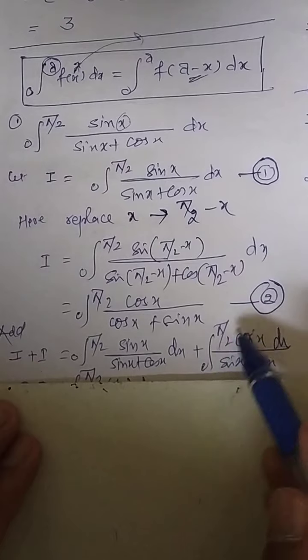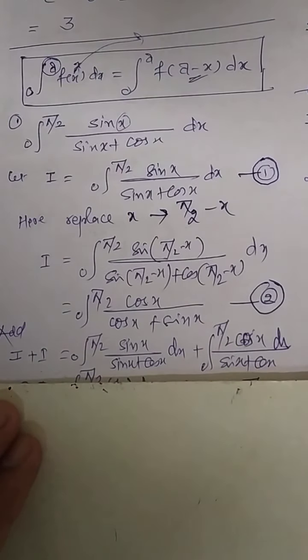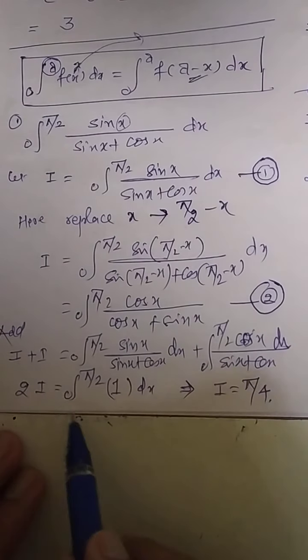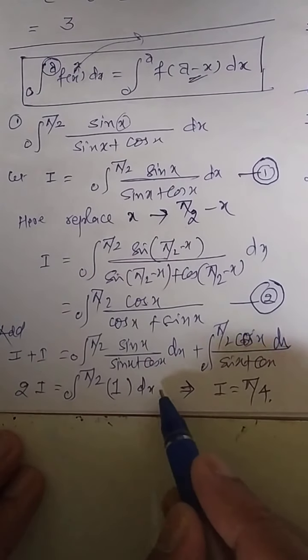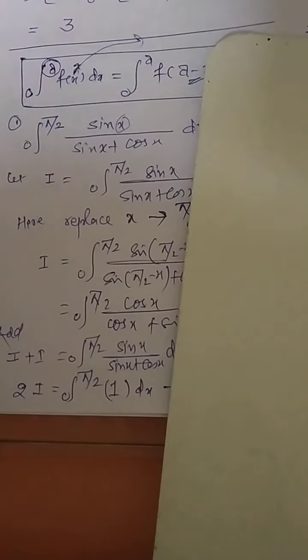The limit 0 to pi by 2 is common, so you can take it out. Try to simplify. You will get sin x plus cos x in the numerator, and the denominator is also sin x plus cos x. It will get cancelled and you will be getting 1. So twice I will be equal to integral from 0 to pi by 2 of 1. If you simplify this, the value of I you are getting is pi by 4.